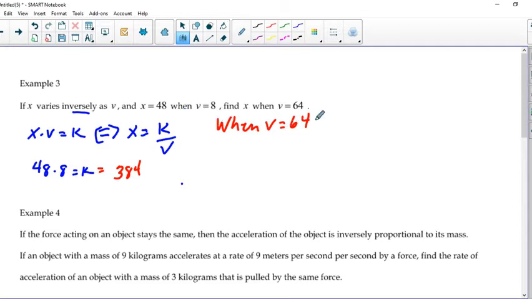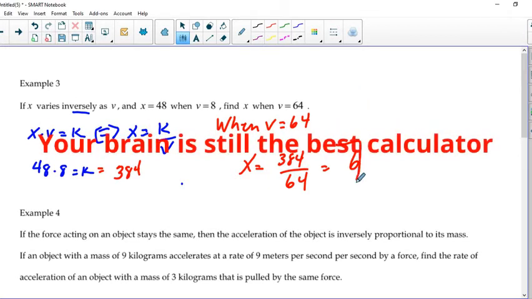We can put this into x is equal to k over v, 384 over 64. I know you all have a calculator, but if you didn't, you'd be like, oh, I think that's about 6. And turns out you would be correct. X is 6.